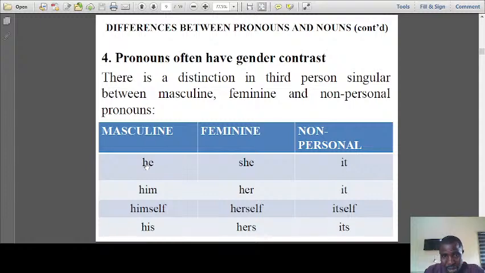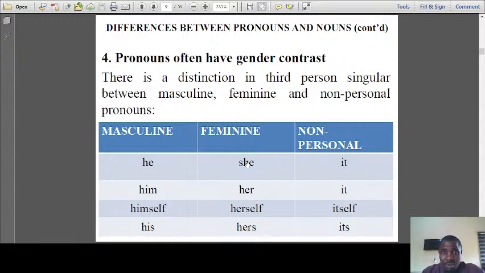But when you are referring to the same noun, the same man, or the same masculine, you will not use a different pronoun in terms of gender in place of the other. So if the miracle that you are talking about is a man, you use he. If the miracle that you are talking about is a woman, you use she.